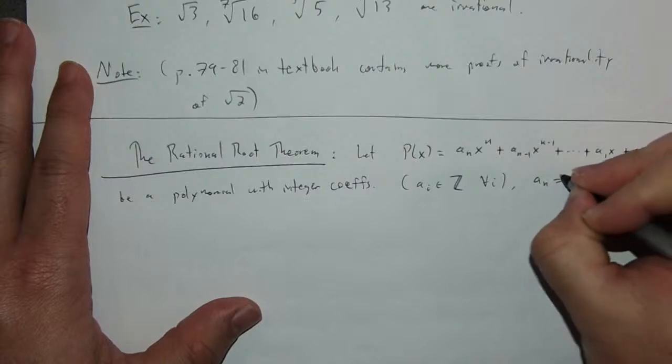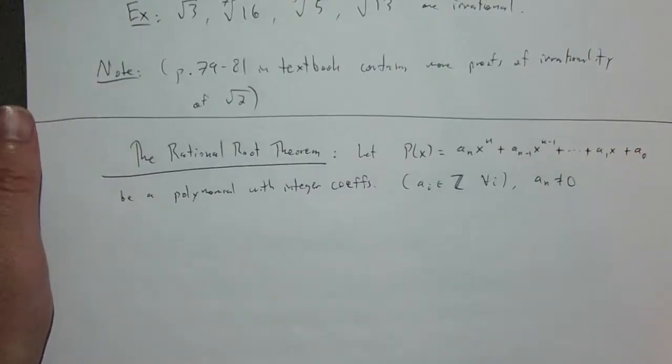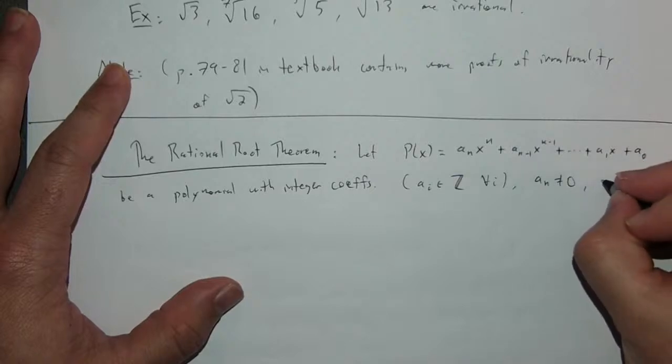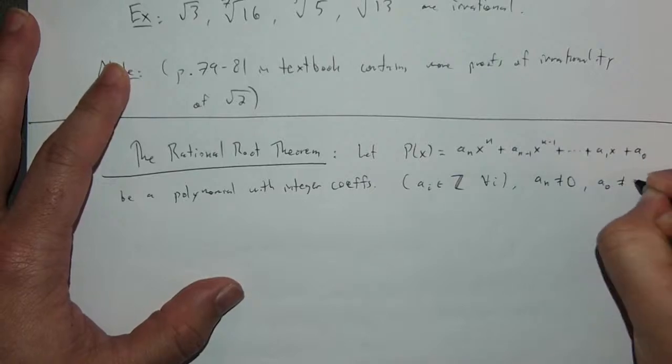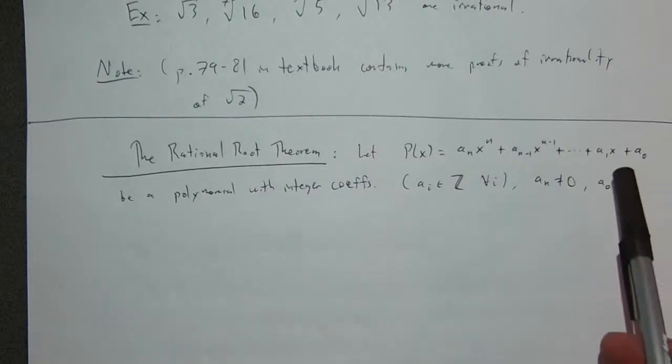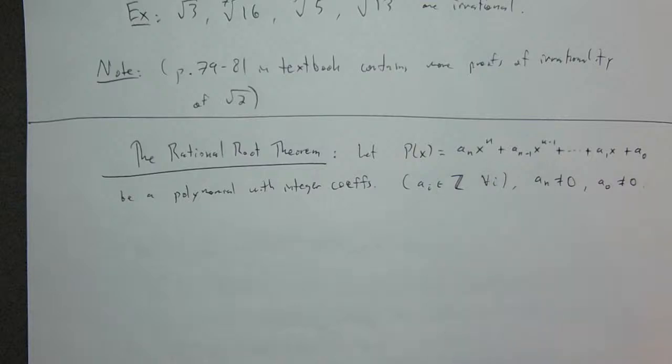So a sub n is not 0, and we'll say that a sub 0 is also not 0 in this application. That's not always going to be true, but in this particular application we want a sub 0 to not be 0, because if the constant term is 0, then there's a common factor of x I could pull out, and so one rational root in that case would be 0.